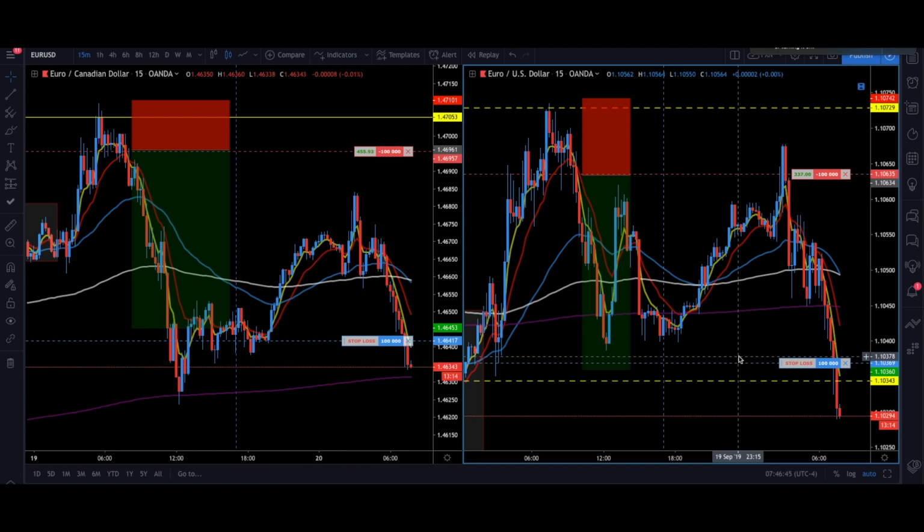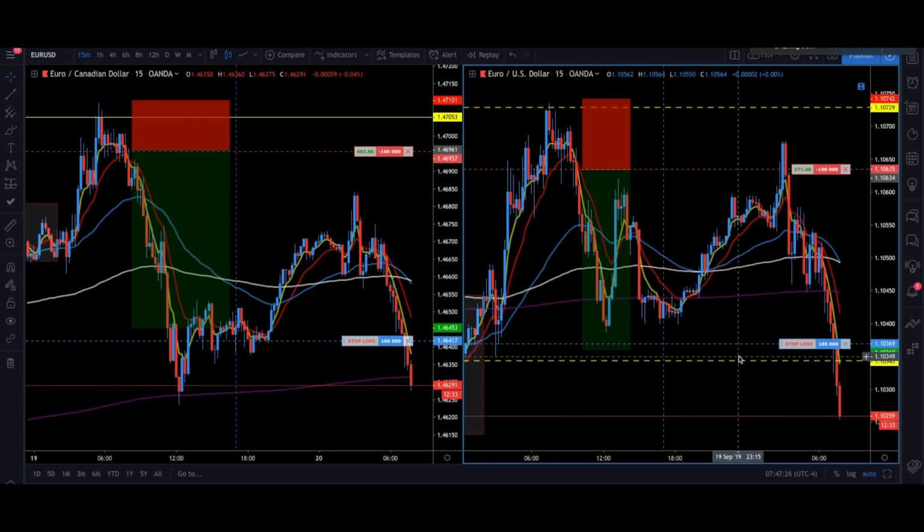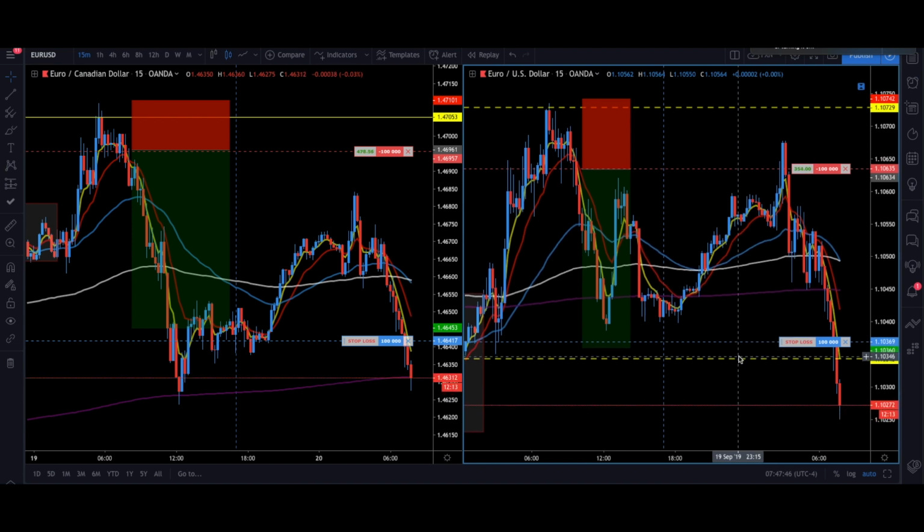So what you can do is put in a trailing stop, and basically all the trailing stop does is essentially protect your profits. So if you set it to, let's say, 10 pips, it's basically always going to stay within a 10 pip range of where price is.